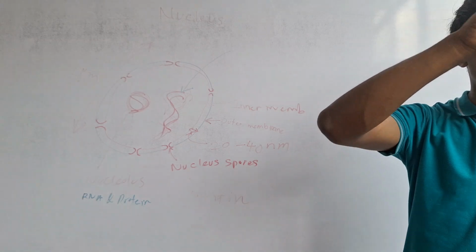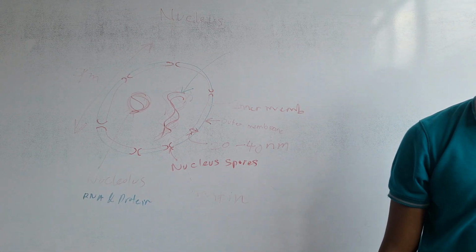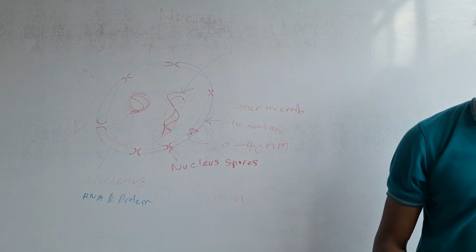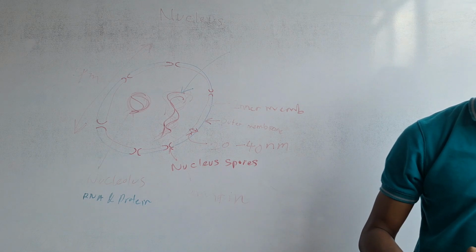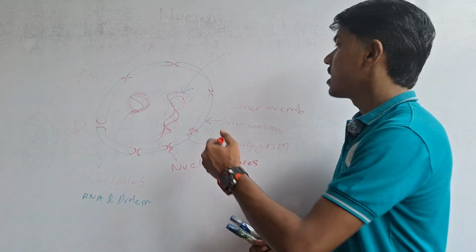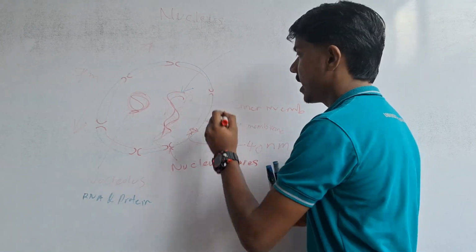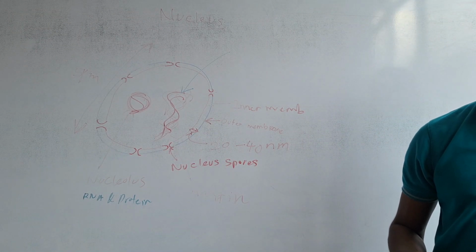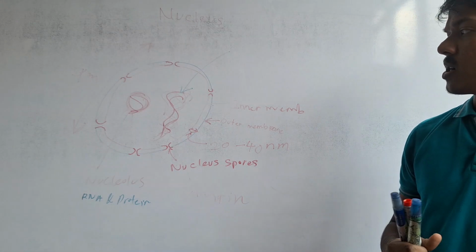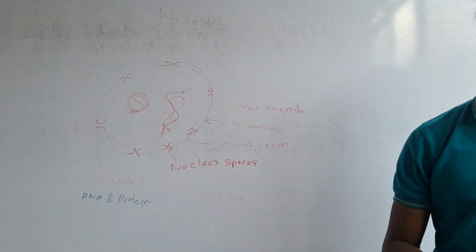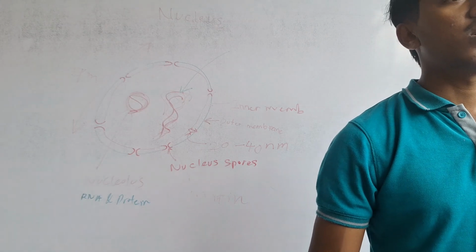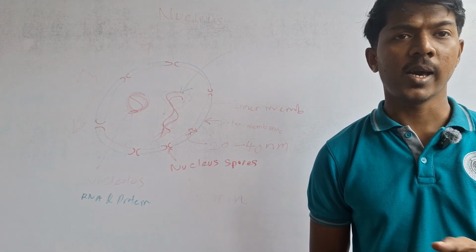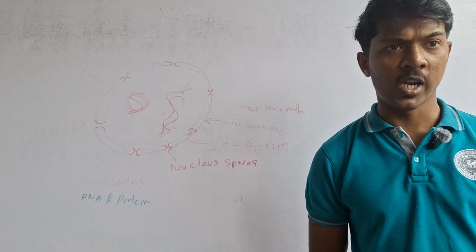What's the main function of the plasma membrane? Controls the entry and exit of substances. Likewise, here also it controls the entry and exit of substances. So how many points do you have to tell about the structure of the nucleus? It is composed of two membranes, inner and outer, with a gap of 20 to 40 nanometers.